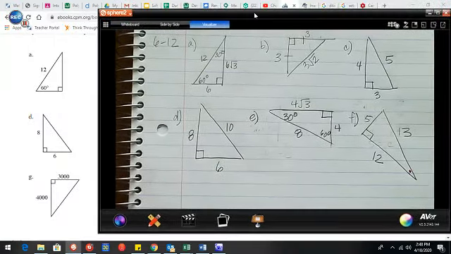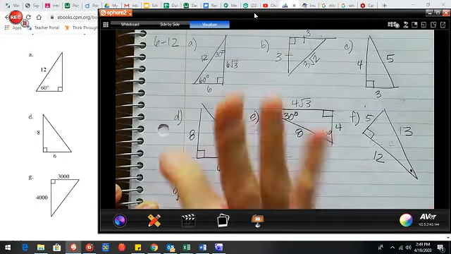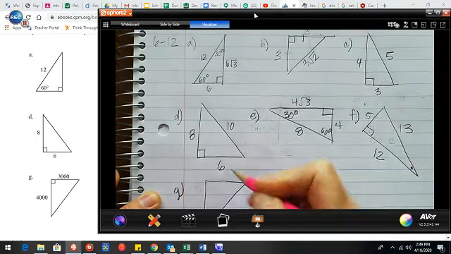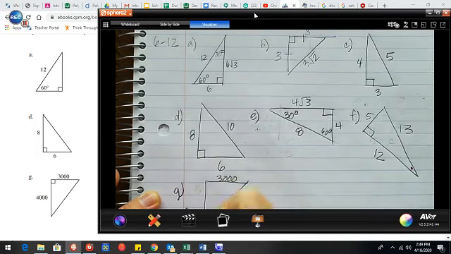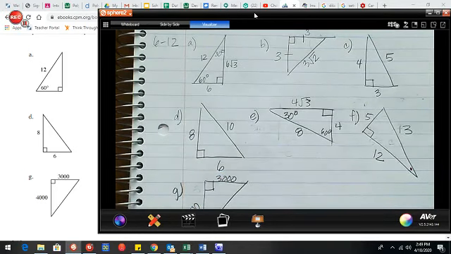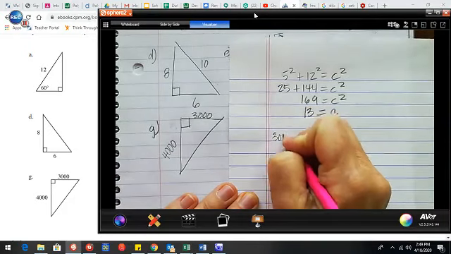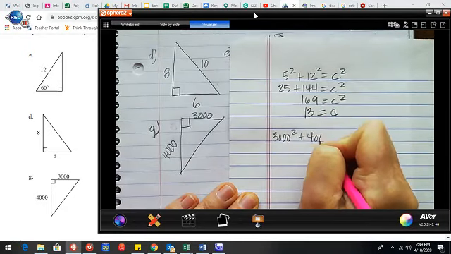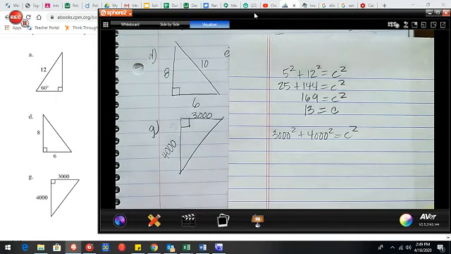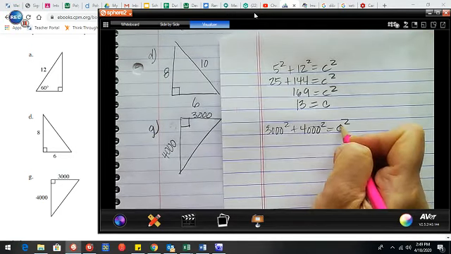For G, whoops, I went straight to doing Pythagorean theorem. Okay, we have another scalene right triangle. Legs are 3,000 and 4,000. So I'm going to do Pythagorean theorem. 3,000 squared plus 4,000 squared equals c squared. Now I could do all of that and write it out, but I know what's going to happen in the end. I'm just going to add those two together and take the square root.